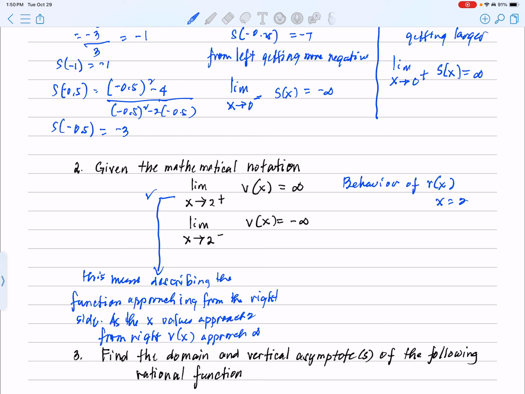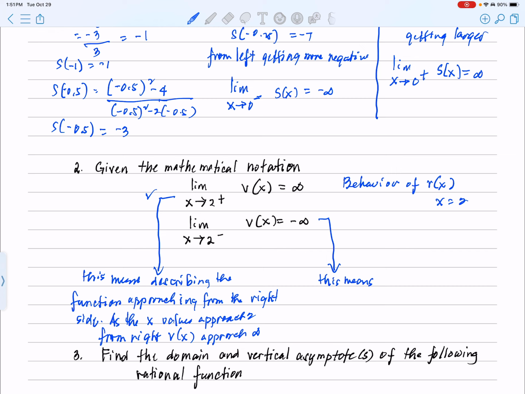Okay. And what does this limit of x approaching 2 from the left mean? The v of x is negative infinity. So the same thing as you write if you are asked something like this in the test. You are given the limit notation regarding the behavior from the left of the vertical asymptote and the right of the vertical asymptote.